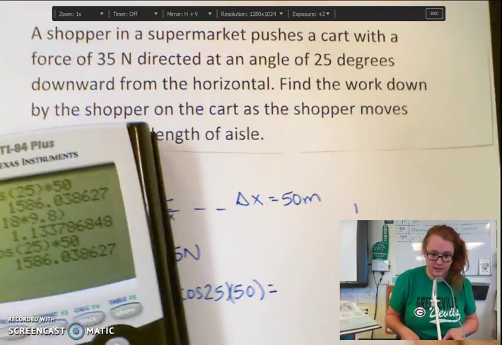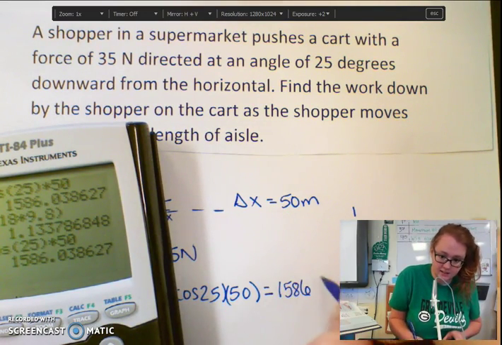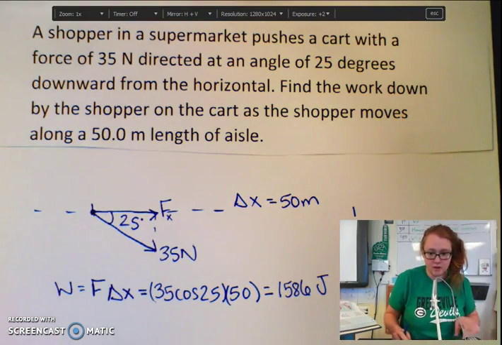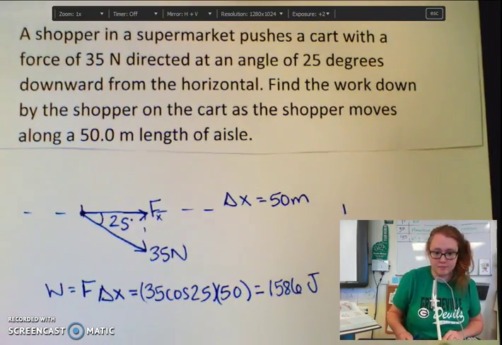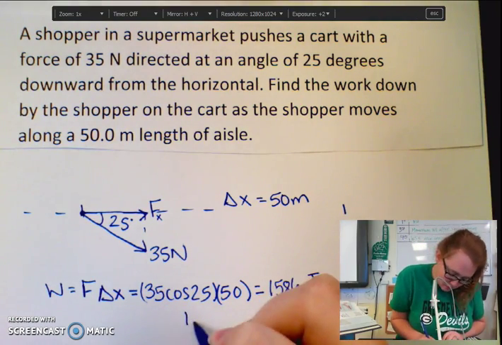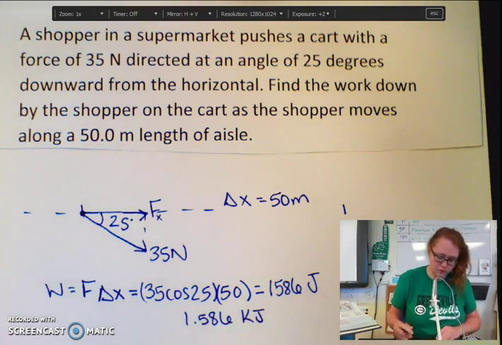Okay, we get 1,586 joules of work done on our system. Pretty simple. In some cases, they'll want you to represent that as kilojoules. That would be 1.586 kilojoules.